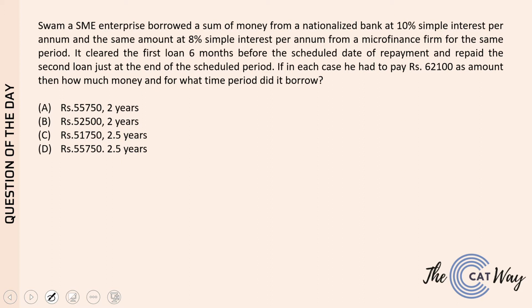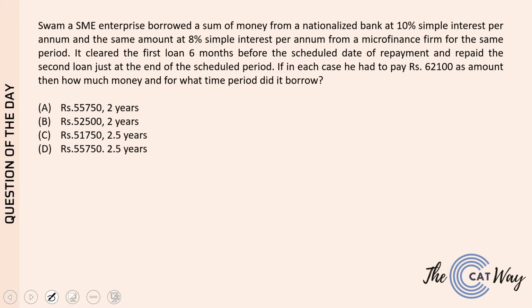It cleared the first loan 6 months before the scheduled date of repayment and cleared the second loan just at the end of the scheduled period. If in each case he had to pay rupees 62,100 as amount, then how much money and for what time period did it borrow?